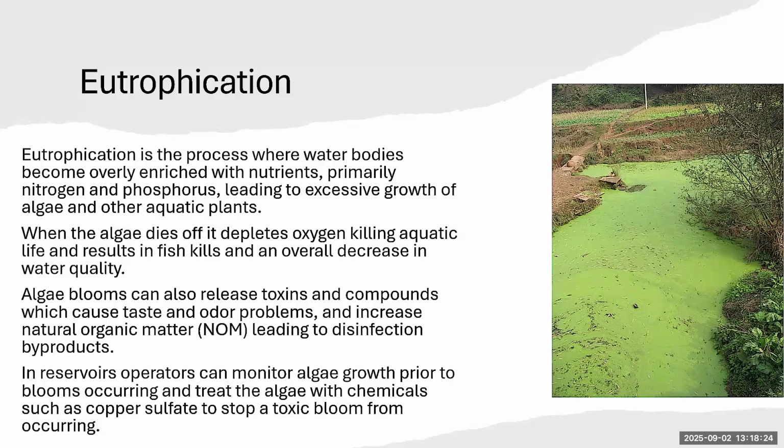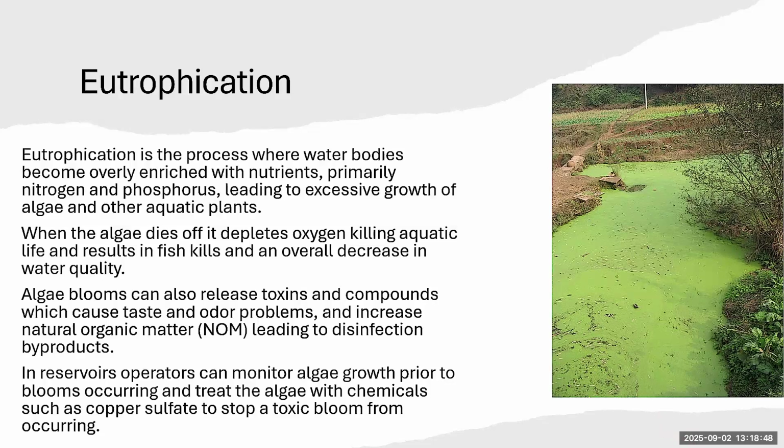These things can also release toxins. I know in Michigan and Lake Erie, we have concerns quite often in the summer with harmful algal blooms. That's when algae or cyanobacteria, which is considered blue-green algae, grow out of control.